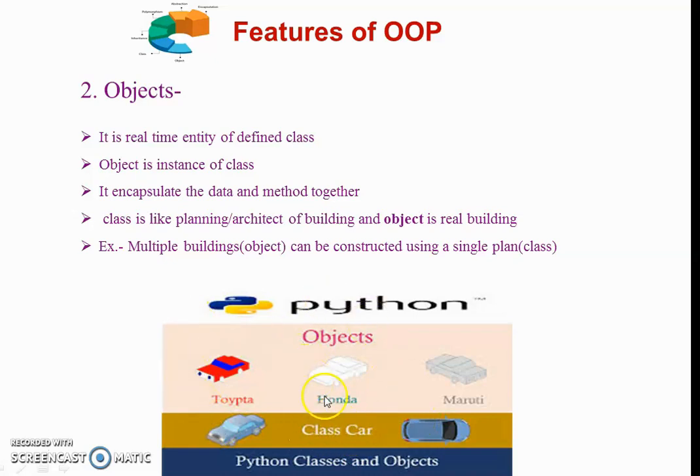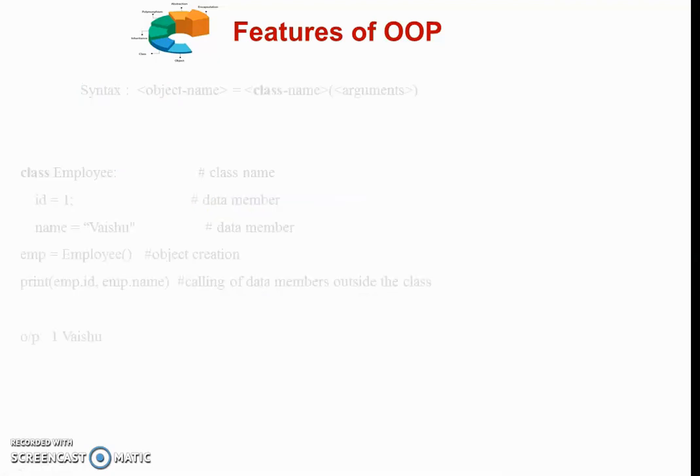So car is a class, or it is a group of all the cars included in the car class, in which Toyota, Honda, Maruti are the different objects of the class car. Let's see the syntax of an object, how to create an object in Python.